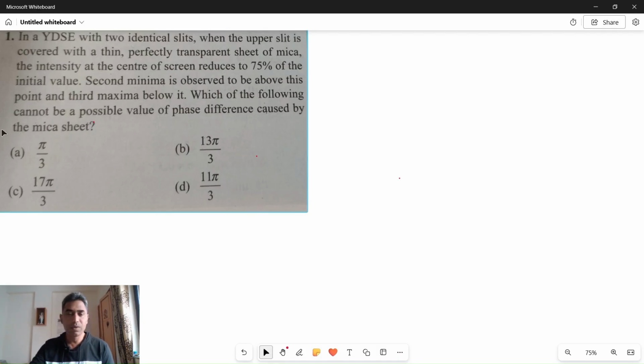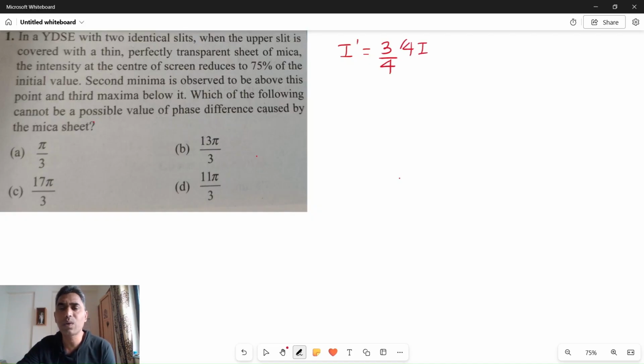See, first thing you have to understand here: the mica sheet is introduced in front of the upper slit, and the intensity reduces to 75% of the initial value. That means the intensity, if we call it I dash, will become 75%, which is 3 by 4 of the initial value. The initial intensity at the central maxima we know is 4I. So this is now 3I.